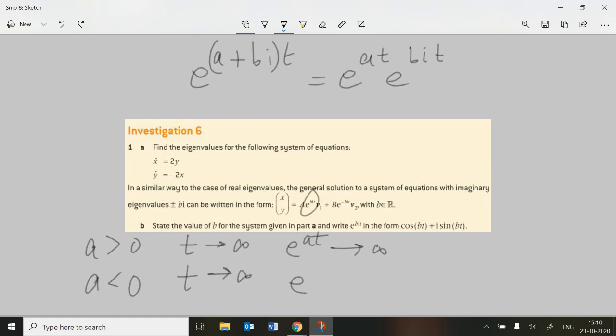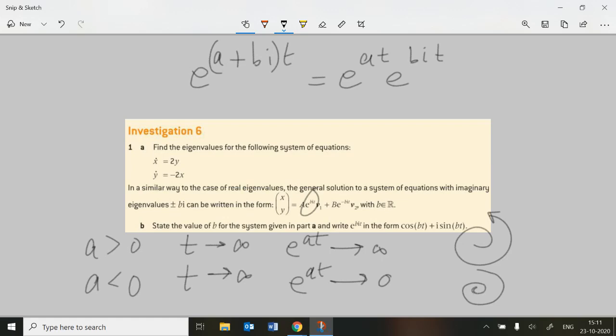So we get here e to the at, now think that a is negative, is going to tend to 0. Okay, so that means to say that this circle or spiral is getting larger each time, or it is getting smaller as you go round. So the circle is getting smaller, so it's spiraling inwards.